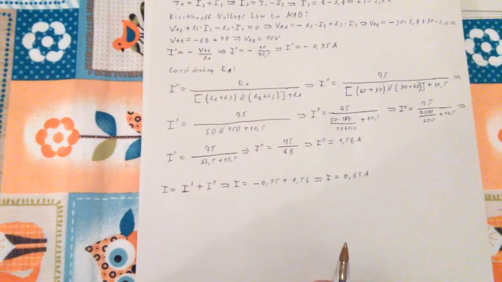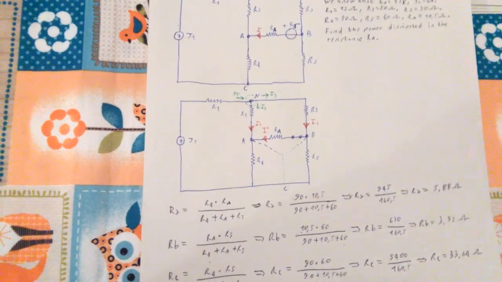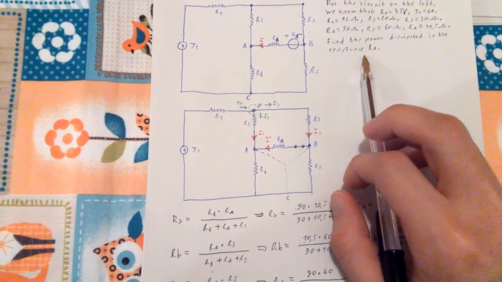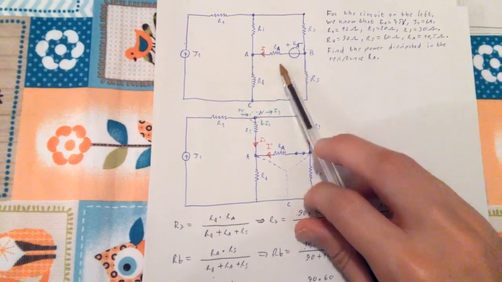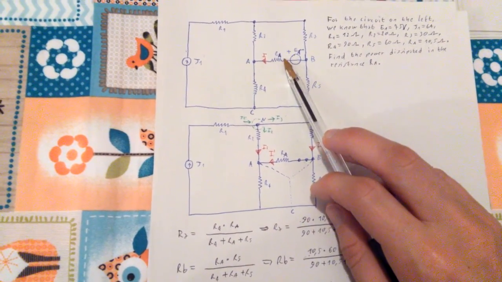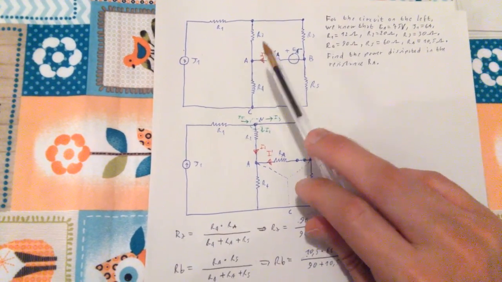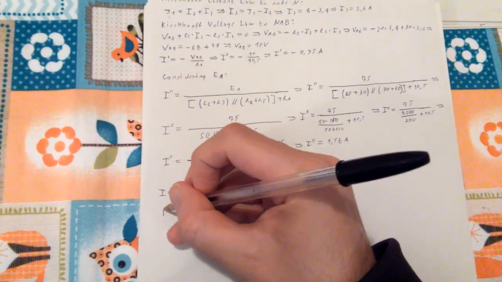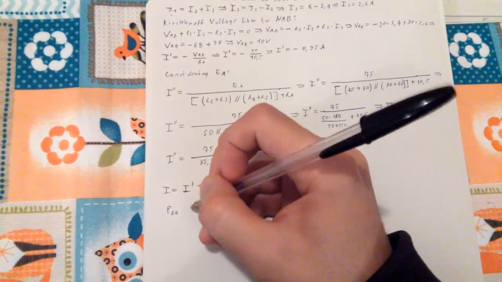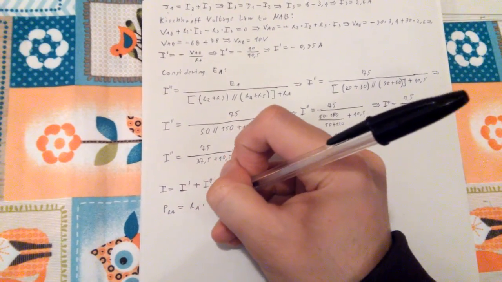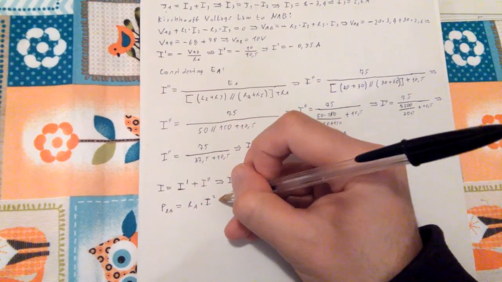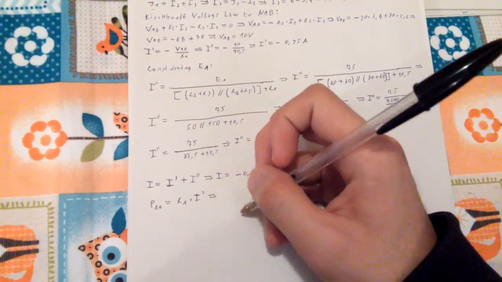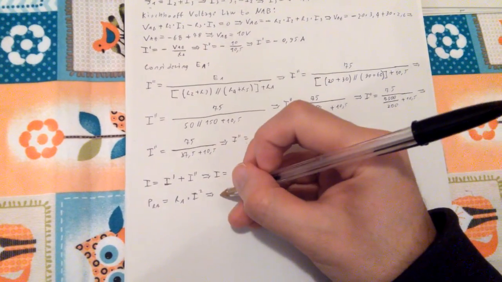Now, finally, I can find the power dissipated by the resistance RA, which is just going to be RA times I squared. So the power in RA, which I'm going to call PRA, is RA times I squared. Ohm's third law: P equals R times I squared.